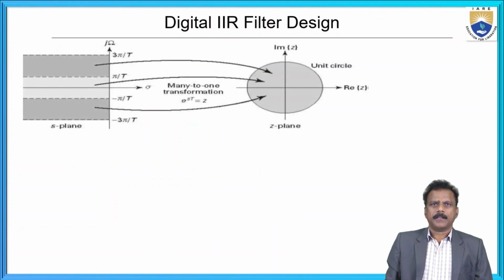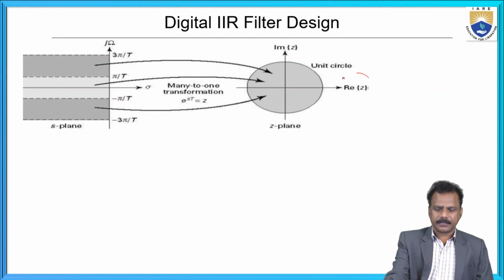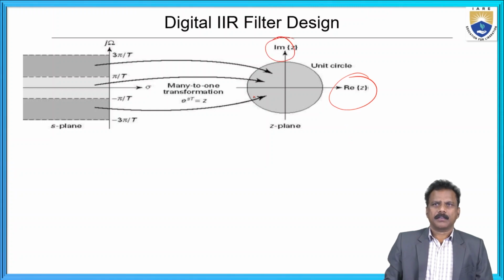Now here the S plane and Z plane vary like this: j omega versus the imaginary axis, real axis and imaginary axis, real of Z and imaginary of Z. This is the unit circle.